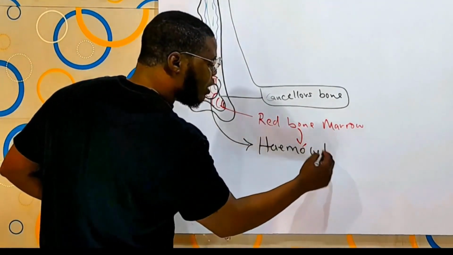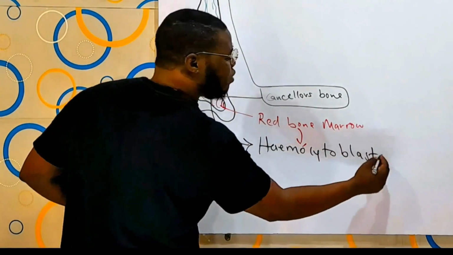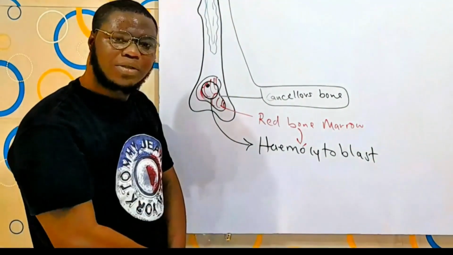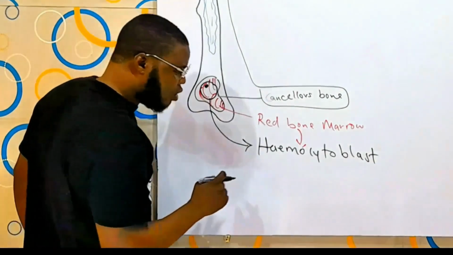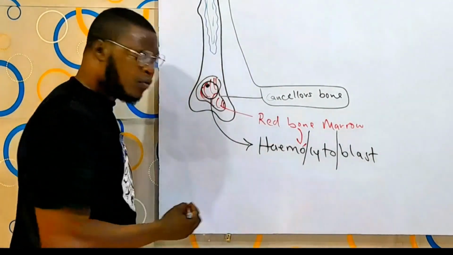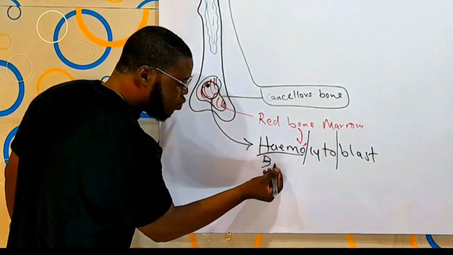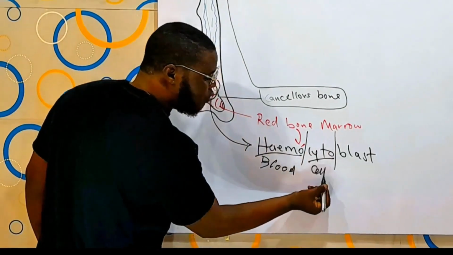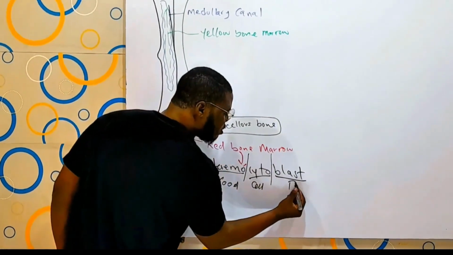But why are they called hemocytoblast? Let's take a look at the linguistic meaning. We can divide it into hemo, cyto, and blast. Hemo refers to the word blood, cyto means cell, from the word cyte, and blast means forming.